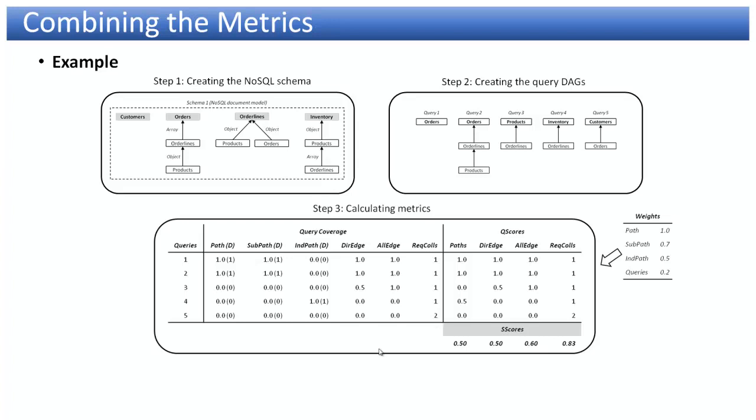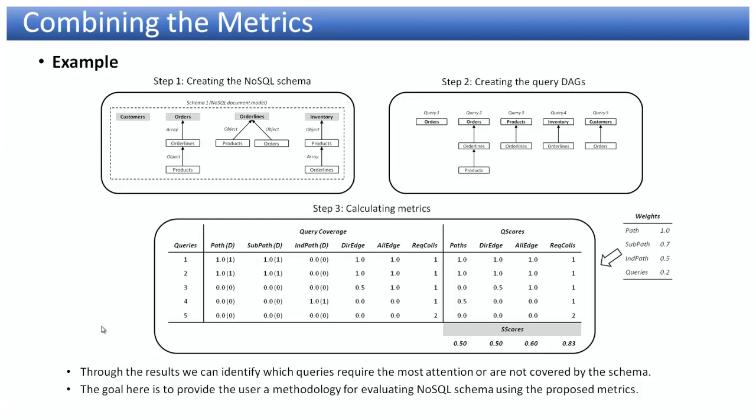So through the results, we can identify which queries require the most attention or are not covered by the schema, and the goal here is to provide the user a methodology for evaluating the NoSQL schema using the proposed metrics. In addition, through this methodology, we can compare different schemas in relation to a given access pattern.